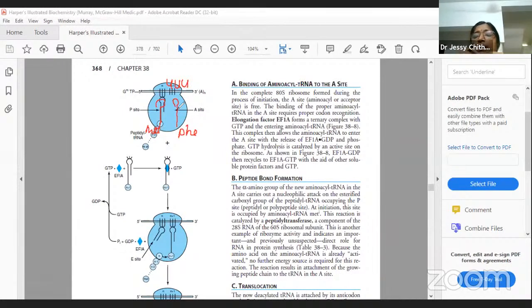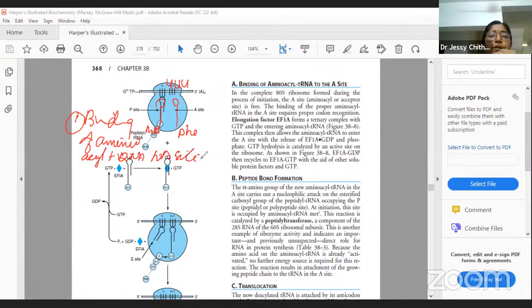So the first step in elongation is binding of aminoacyl tRNA to the A site. Based on the codon in the A site, the corresponding specific tRNA will come and attach.